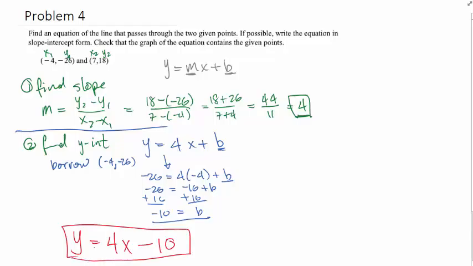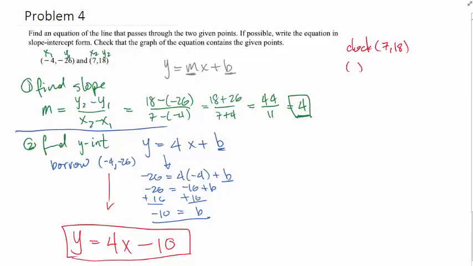Now to check that the graph of the equation contains the two given points, we can put in the x and the y value. If you put the x value of negative 4 and y value of negative 26 in here, you're going to get the correct answer because that's exactly how we solved for b. But we can also check the second point to see if it satisfies this equation.